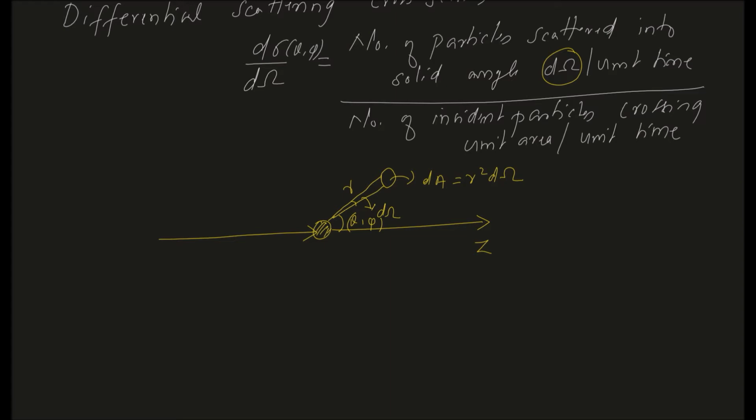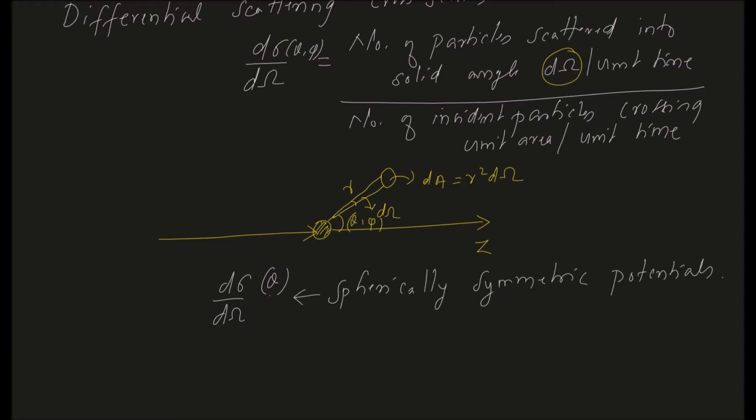Now, for spherically symmetric potentials, as you know, this differential scattering cross section d sigma by d omega will be independent of phi. So this will be simply a function of theta.